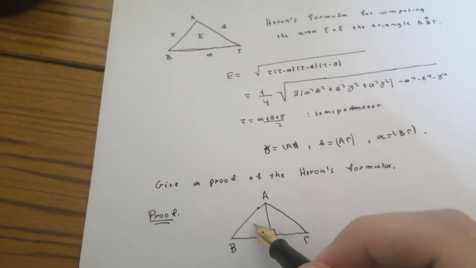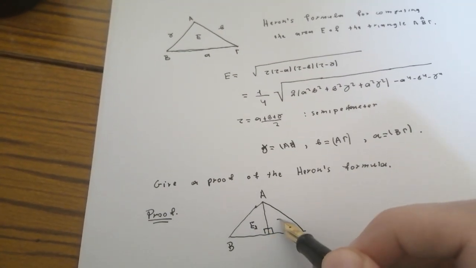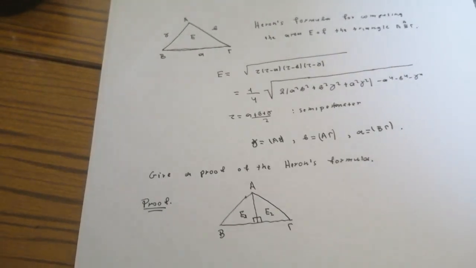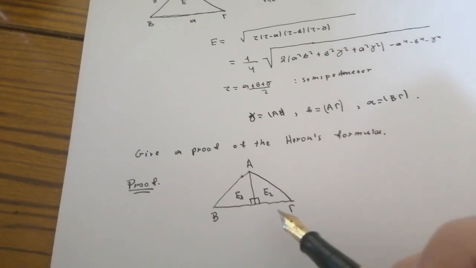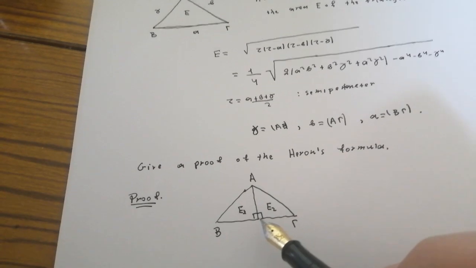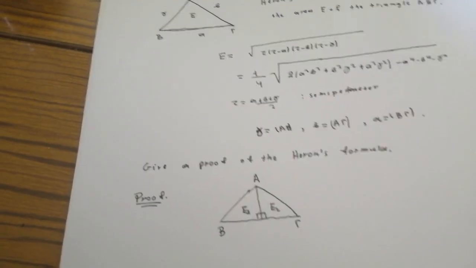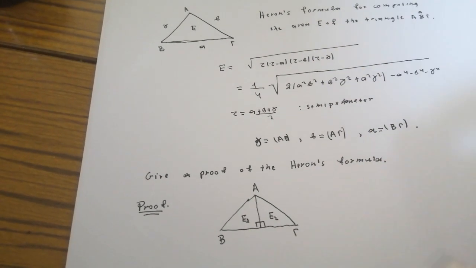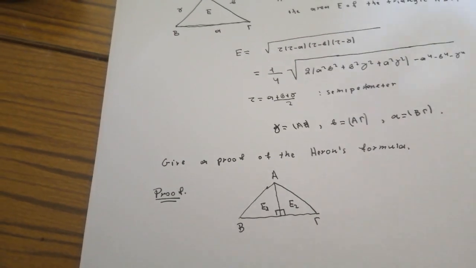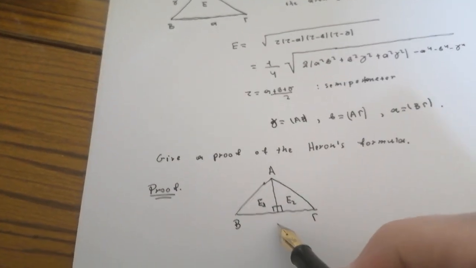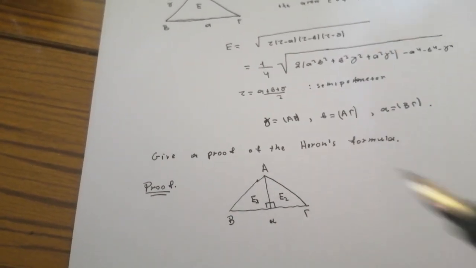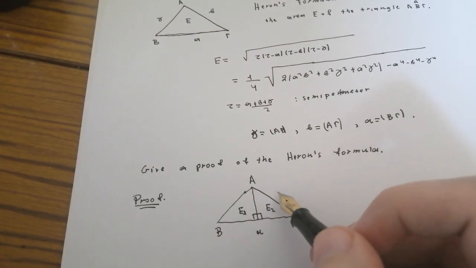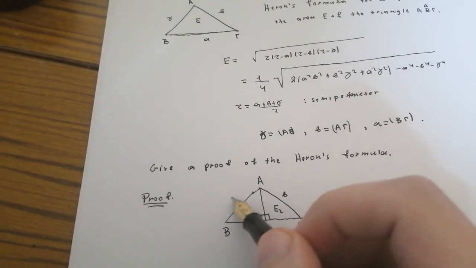So we have L1 and L2. We have split the triangle into two smaller triangles. For this proof we are going to use the Pythagoras theorem. Of course, this is the length alpha, this is the length beta, and this is the length gamma.